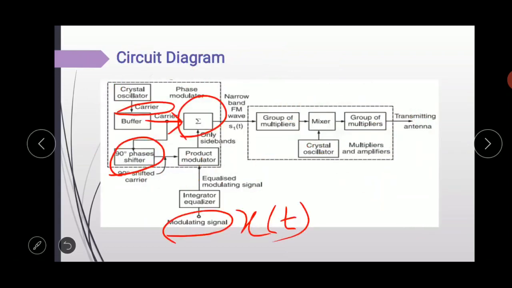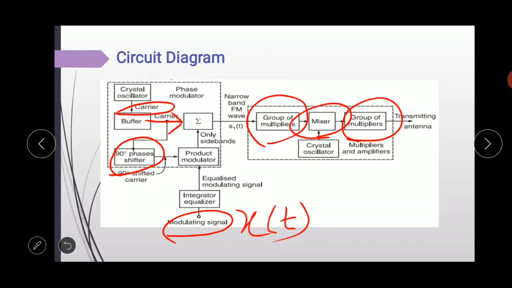Then the FM signal produced at the output of the phase modulator has a low carrier frequency and low modulation index. They are increased to a high value with the help of frequency multipliers; mixers and amplifiers are also used. For low modulation index, phi is small, and for high modulation index, phi increases.